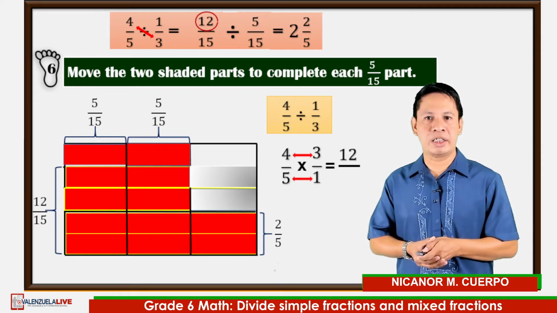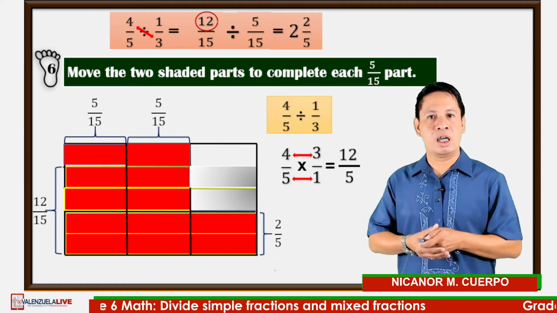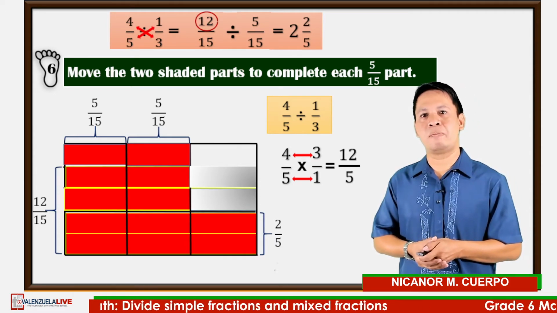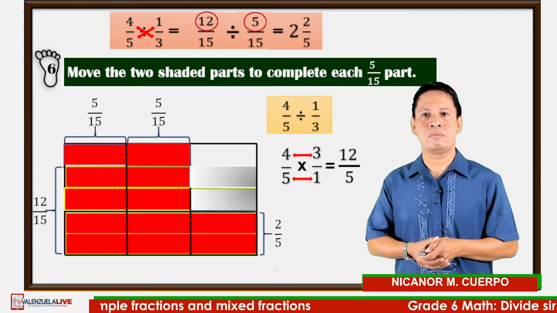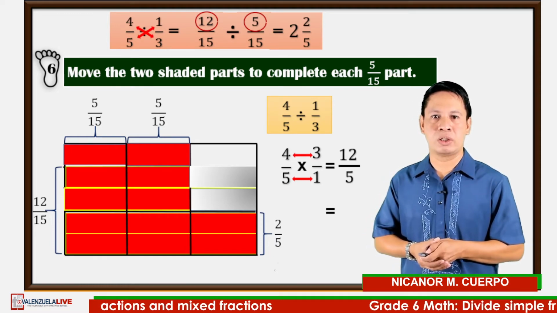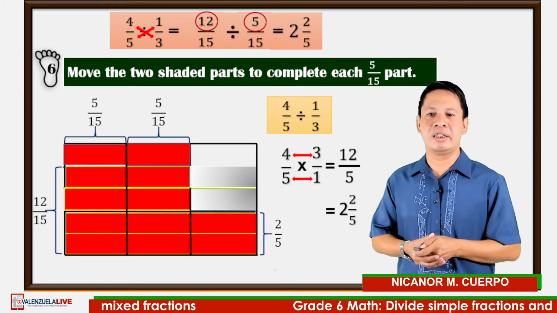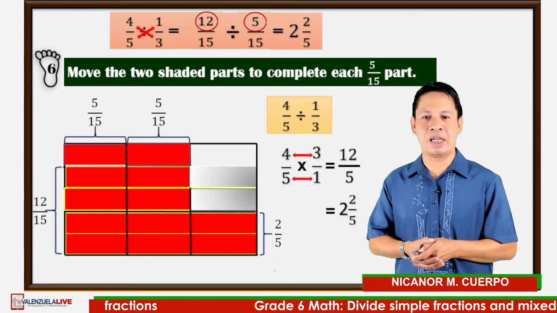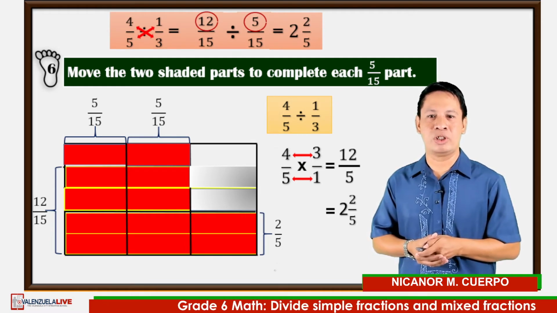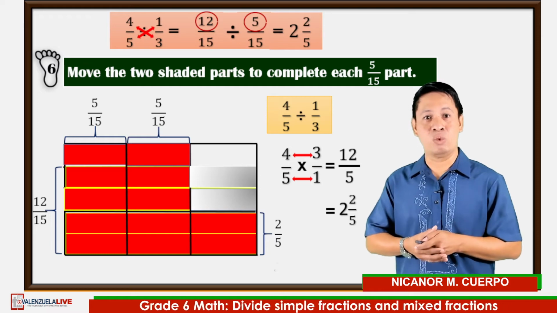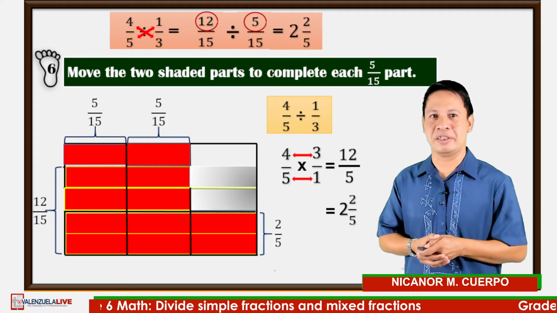Next, multiply the denominators. 5 times 1 equals 5. It is also the same when you cross multiply 5 and 1. It will give you 5. So 12 over 5 is equal to 2 and 2/5. So copying the dividend, getting the reciprocal of the divisor, and changing the operation sign is a quick way to get the common denominator. That is why we flip or invert the second fraction, because that is the easy way.